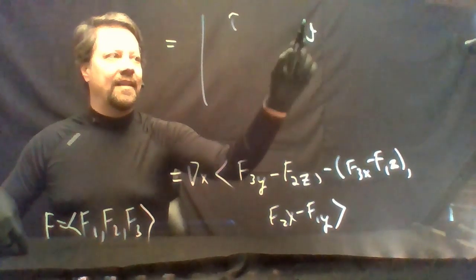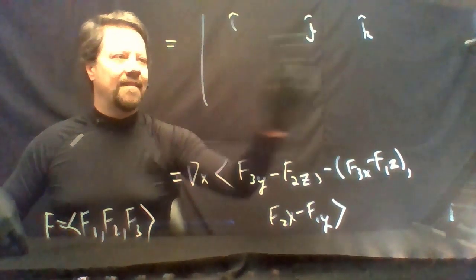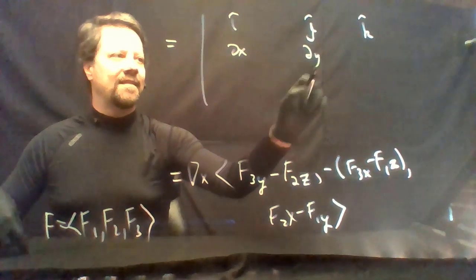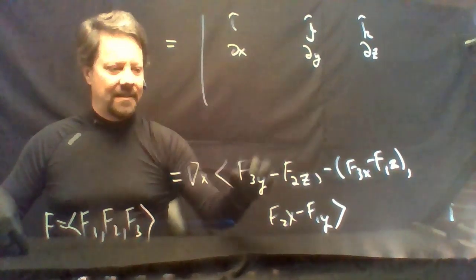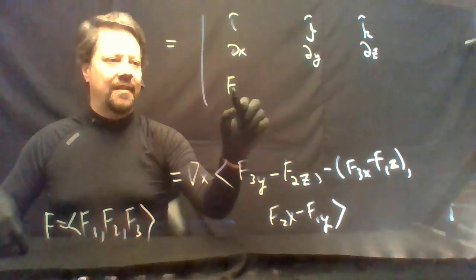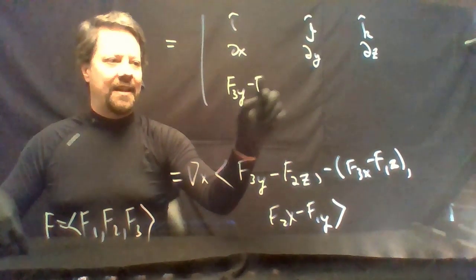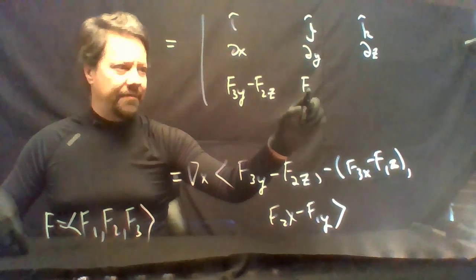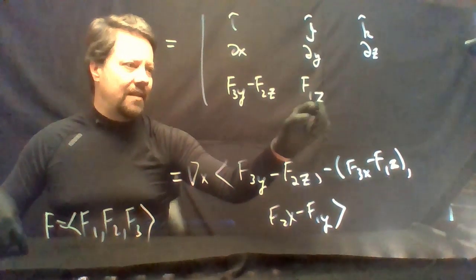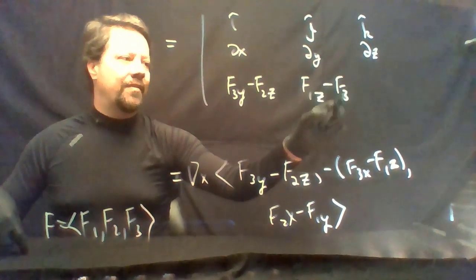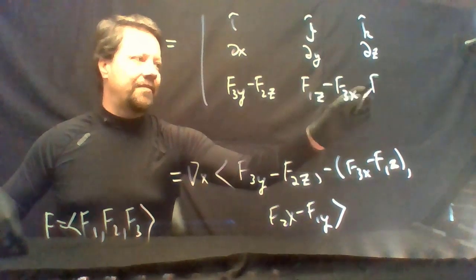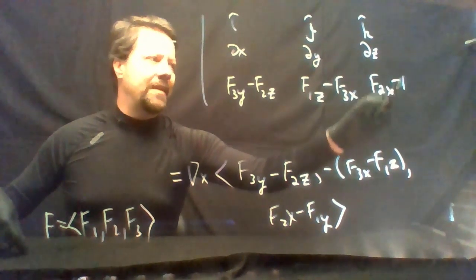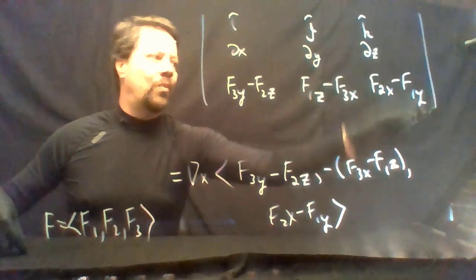Calculating the curl again, here we have f3y minus f2z. We'll have f1z minus f3x and f2x minus f1y.